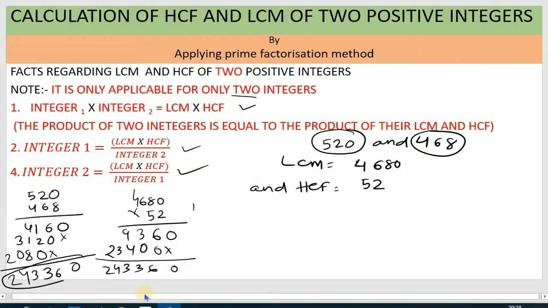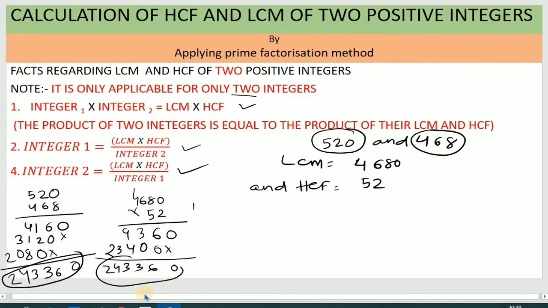Two numbers are coming the same. So if we want to calculate these numbers by applying this formula, it will be helpful for you to find one integer if another one is given.